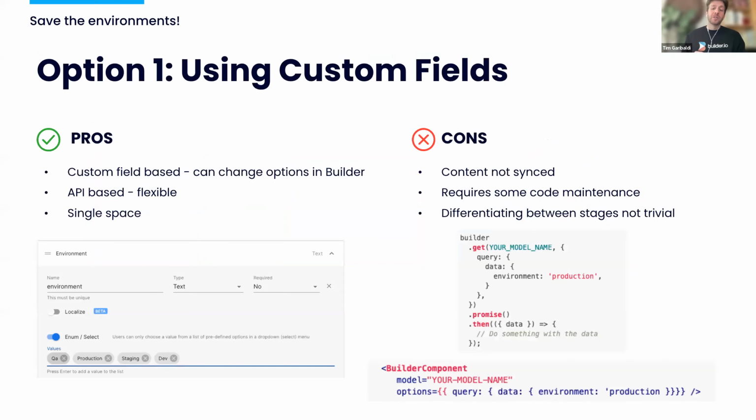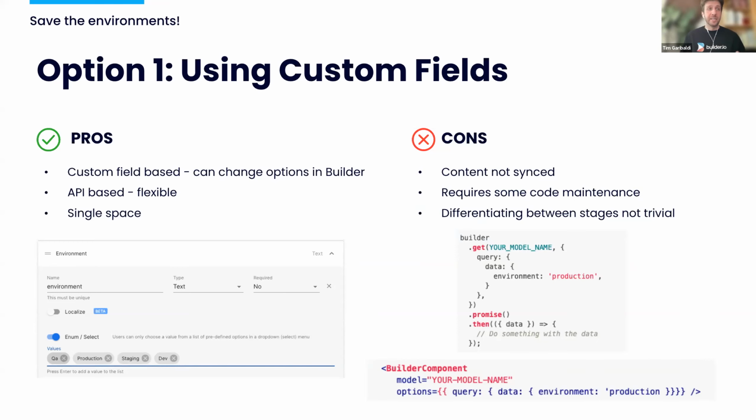Originally, the option we recommended the most is what we're calling our custom fields option, right? And this is still available and still recommended for our non-enterprise customers. Essentially, what you're doing is on all of your models, you are defining this environment input that has some enum values that correspond to your pre-production environments, right?